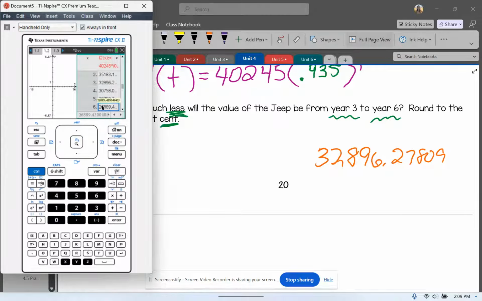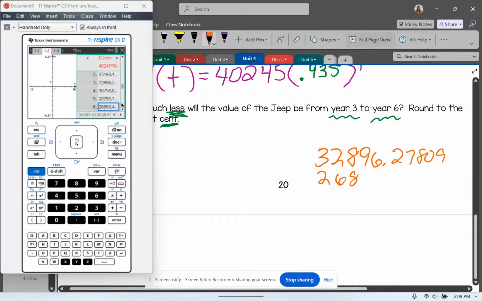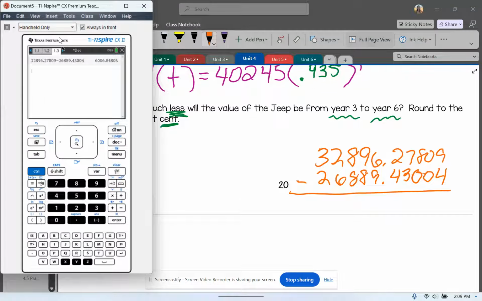And then for my year 6, we have 26889.40, nope, 4300-4-ish. Since we're trying to compare these two, we are going to subtract and find the difference.